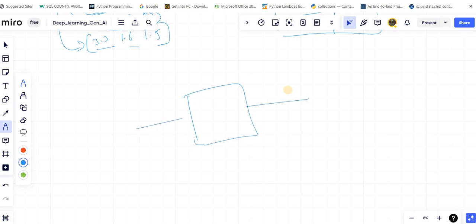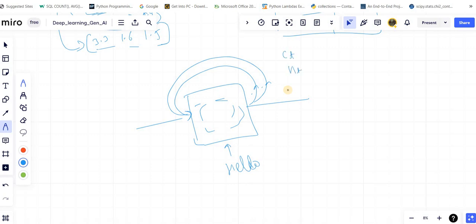See it here, this is ht minus 1, this is ct minus 1. Whatever output will come, this is all the architecture of the LSTM. Two outputs came here and they go to the feedback. This is for the first word, hello, and for this word hello we will get some ct and ht. Now the next word is how.